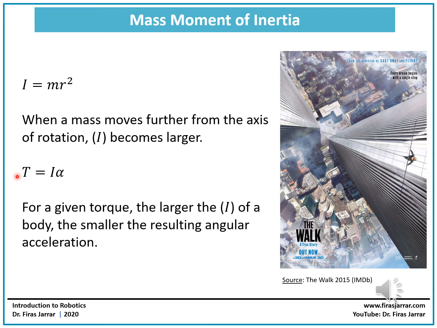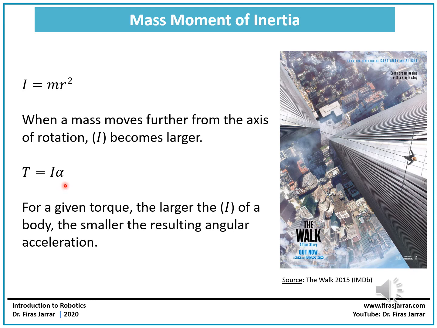Usually we think about the worst case scenario. Then, by increasing the mass moment of inertia by using this horizontal pole, in order to satisfy this equation and keep a constant or given torque, by increasing I, the angular acceleration would reduce, and this way we are reducing the response of this artist to the disturbances.